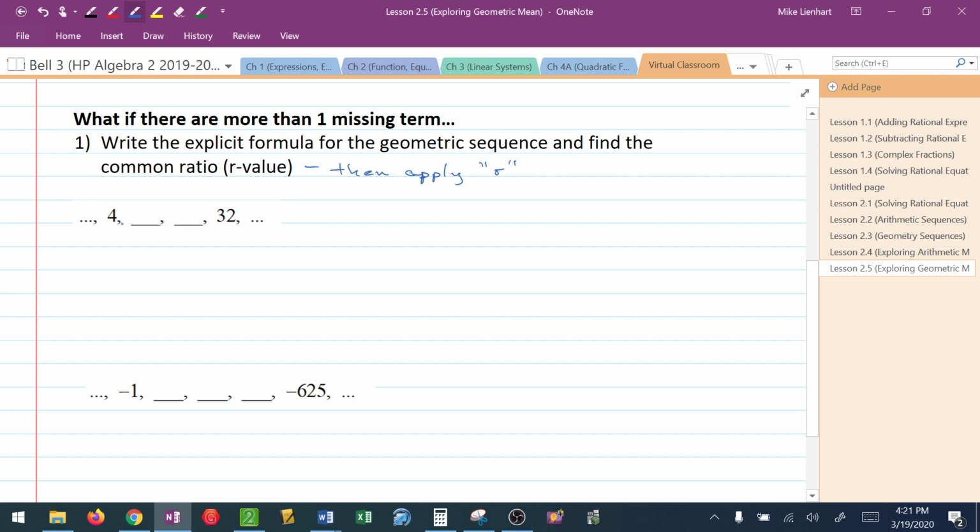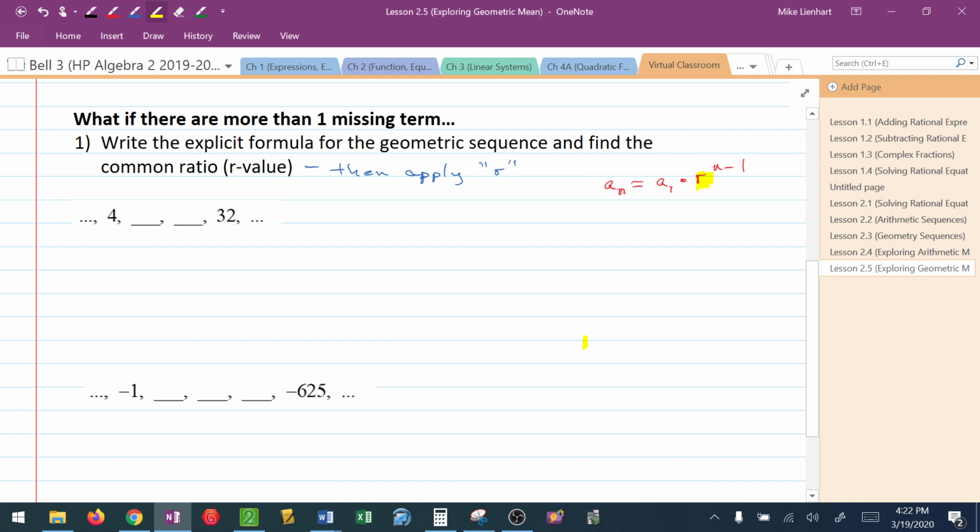Okay. Because this is a geometric sequence, I know that it involves the formula a sub n is equal to a sub 1 times r to the n minus 1. And in this scenario, we're trying to find r. I know a sub n is my last term that I know. A sub 1 would be my first term.